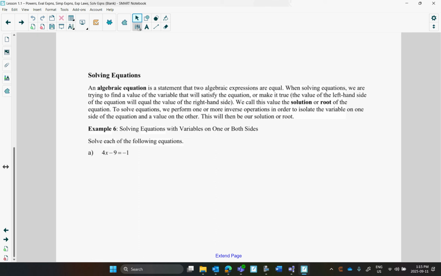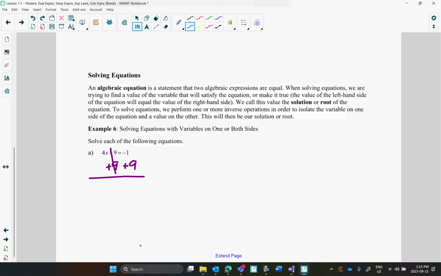This is a basic two-step equation. Add 9 to both sides, which means it disappears here. But whatever you do to one side of the equation, you have to do the same thing to the other to keep it balanced.